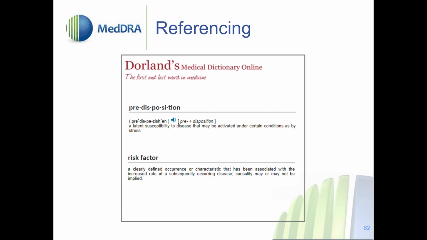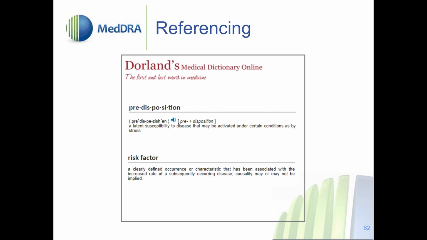So again, we went to Dorland's as our go-to medical reference, and we looked up the two words, predisposition and risk factor. Predisposition is a latent susceptibility to disease that may be activated under certain conditions such as stress, or risk factor is a clearly defined occurrence or characteristic that's been associated with an increased risk of a subsequently occurring disease, and that it may or may not be causal.